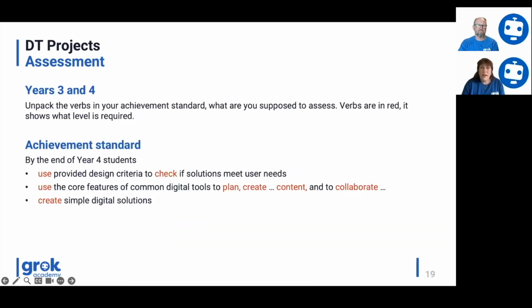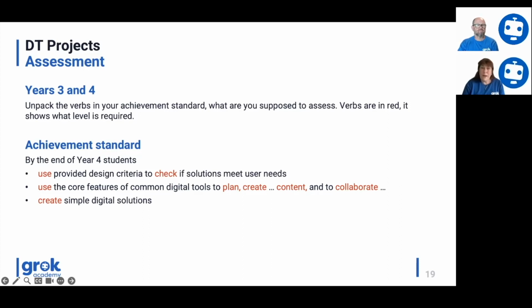Very quickly, I want to refer back to the achievement standard. Here I've taken the red sentences that we had highlighted in the achievement standard, and I've taken out the sentences and put them into very basic statements. That makes it much easier to understand what I have to do in my unit when I'm planning it.